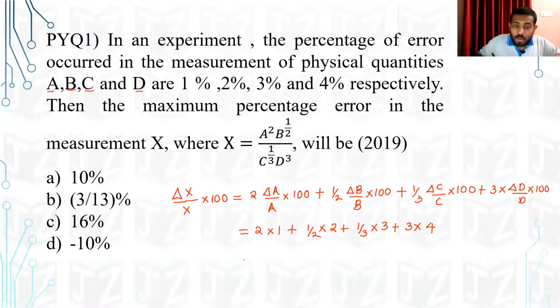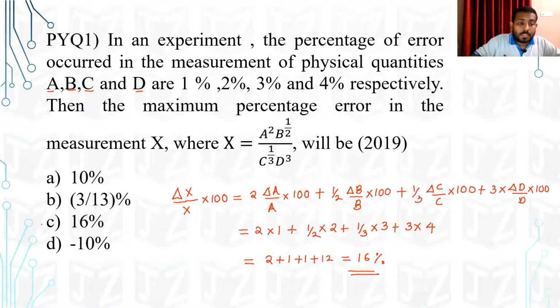So we have 2 into 1 is 2, 1 by 2 into 2 is 1, 1 by 3 into 3 is 1, and 3 into 4 is 12. And 2 plus 1 is 3, 3 plus 1 is 4, and 4 plus 12 is 16. So the correct answer here is 16%.